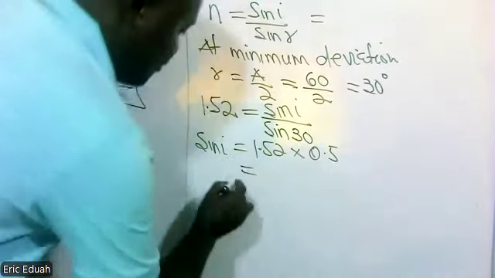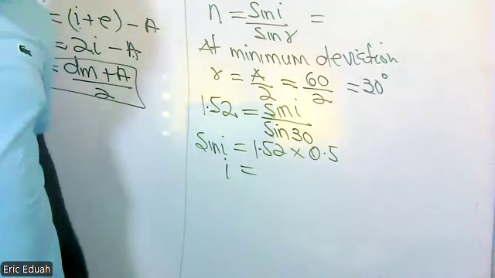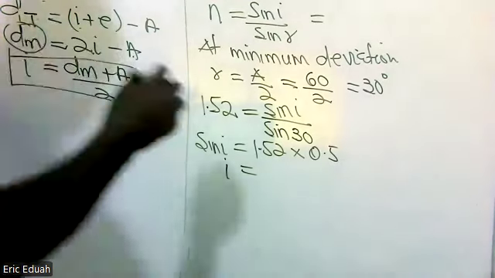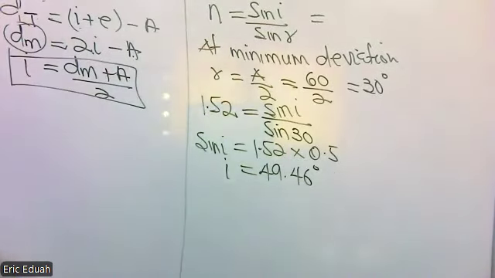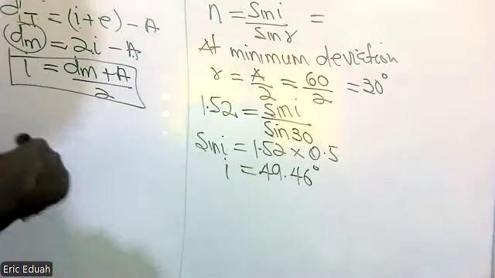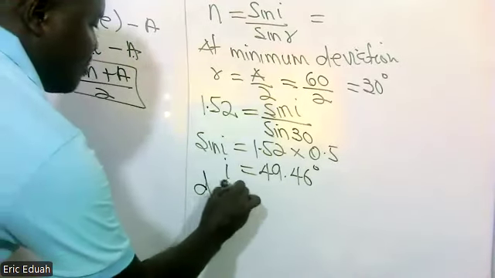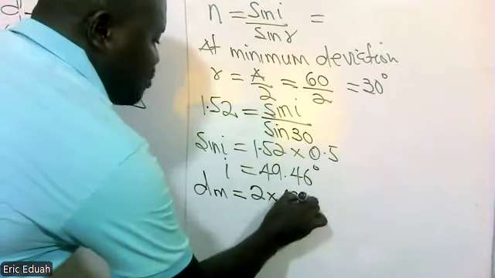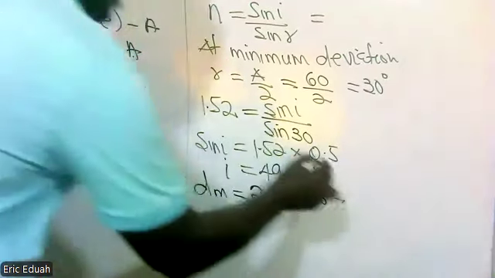Somebody help me calculate for the value of I. Is I equal to 49.46? 49.46 degrees. Thank you. So if I is this, then the minimum deviation, D minimum, would be equal to 2 times 49.46 minus A. A is 60.